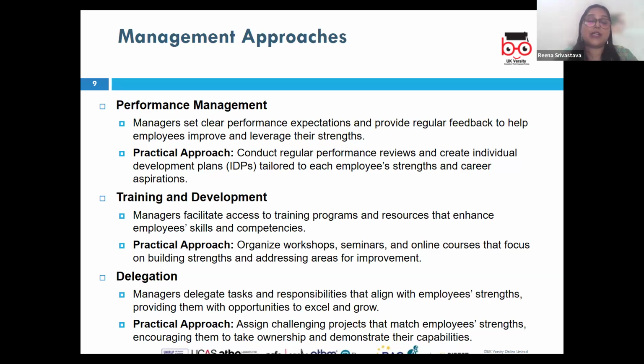A manager might have a one-on-one meeting with an employee to discuss their career goals and strength. Usually, based on these discussions, a PDP, a personal development plan, is developed, with targeted training and project assignments designed to leverage the existing strength of the employee.